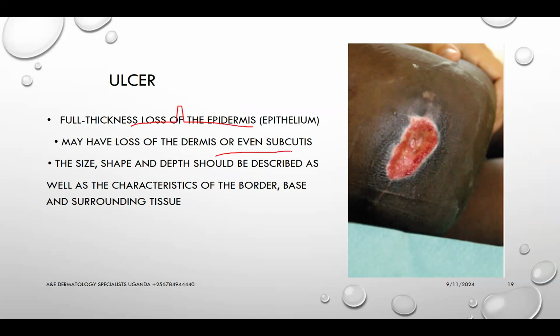If you see that the epidermis has gone, and part of the dermis or subcutaneous tissue has gone, that one becomes an ulcer. And when describing an ulcer, we want you to describe for us the floor, the roof, the margin, the border, and the surrounding skin. So you have to give a description. How is the floor? How is the roof? How is the border? How is the margin? And how is the surrounding skin of that ulcer?